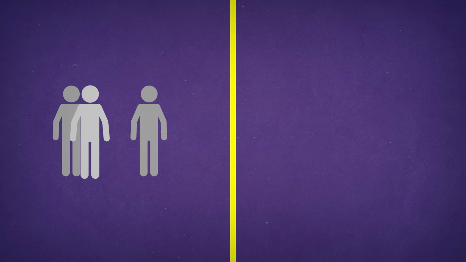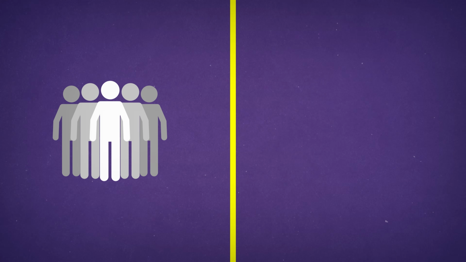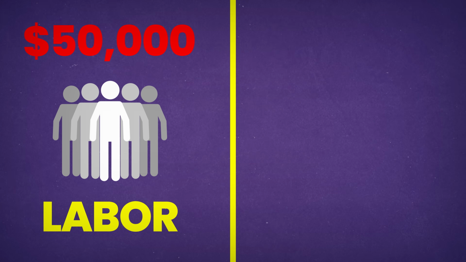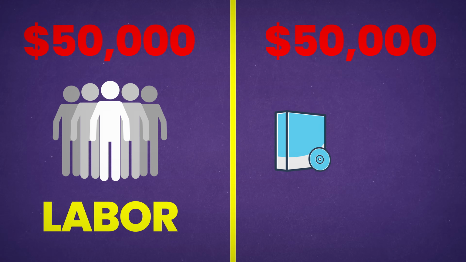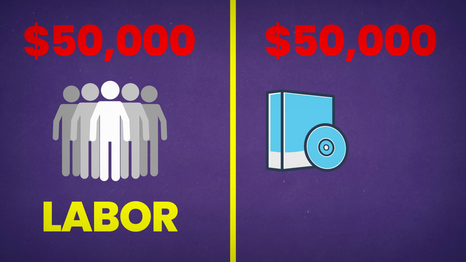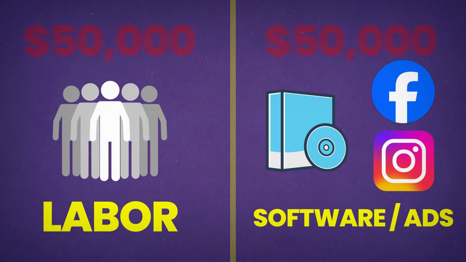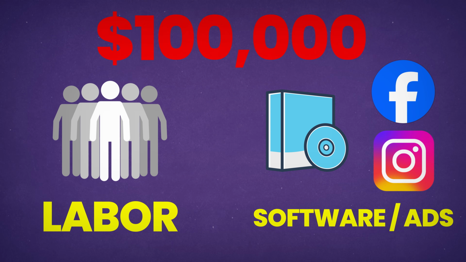So let's say that we have 5 employees that cost in total $50,000 a month. That's the labor. And then let's say we're spending $50,000 a month in software and advertising like Facebook ads or Instagram ads. That means that our total cost as a company is $100,000 per month for all the customers that we acquired that month.